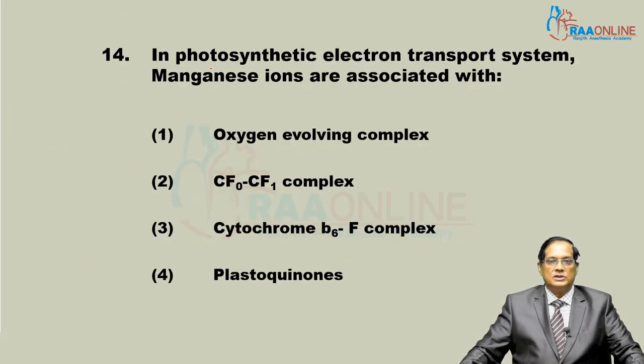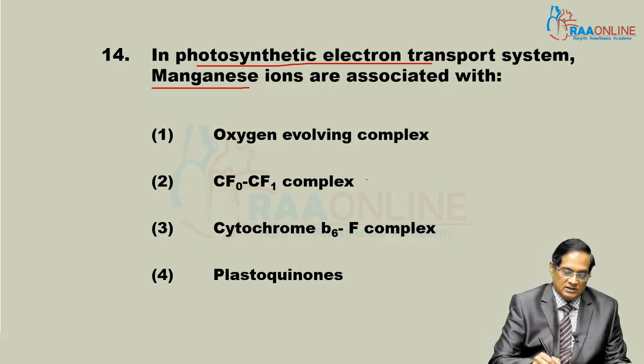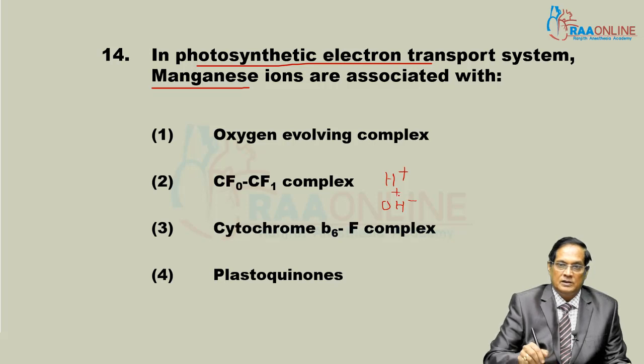And 14th question, in the photosynthesis electron transport system, what is the role of manganese? I have already described. There is a lysis of water. Water undergoes lysis, producing H ions and OH ions. These OH ions are negatively charged, and they release electrons.